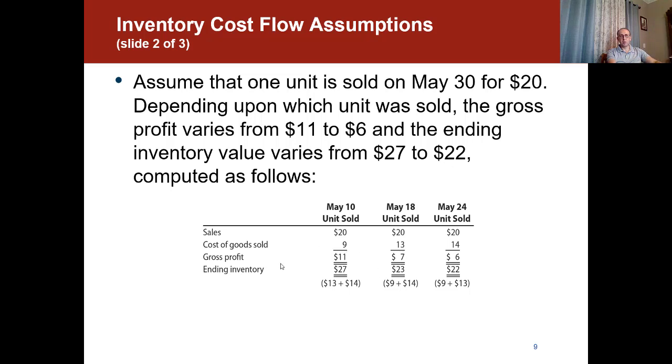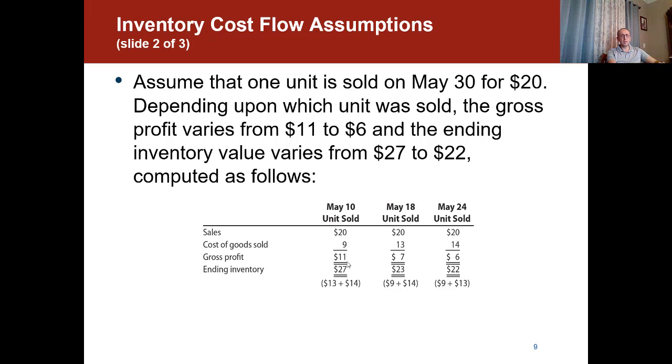And remember, that one cost us $9. So in this case, we had a gross profit of $11, because 20 minus 9 is $11. And our ending inventory, the remaining 2, would be the $13 and the $14 pens that we purchased on the 18th and the 24th. So the total ending inventory in this case would be $27.